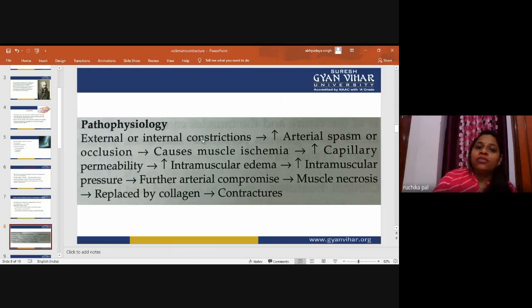And about the pathophysiology, how it occurs: external or internal constriction is there. It increases arterial spasm or occlusion, causes muscle ischemia, which increases the capillary permeability, and that increases the intramuscular edema, leading to an increase in intramuscular pressure, further arterial compromise, and muscle necrosis replaced by collagen, which leads to contracture.